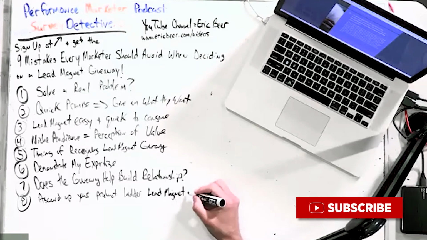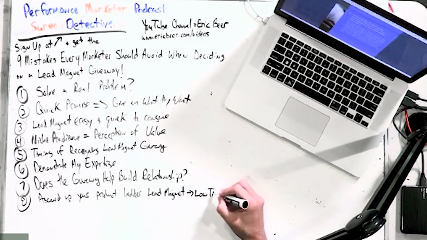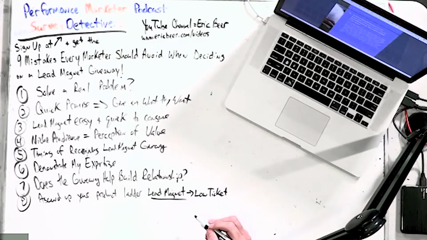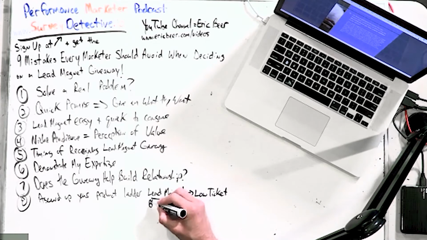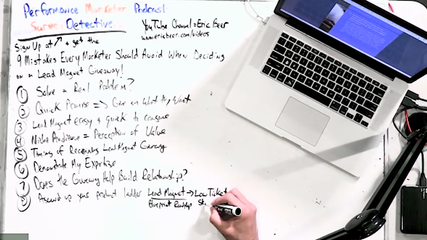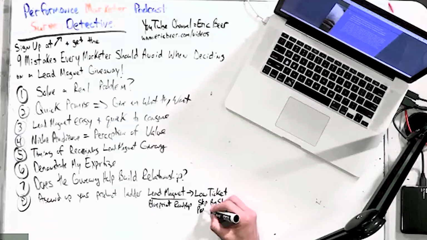Okay. Now you could go into selling something for a low ticket. Okay. So maybe you give them something here. Maybe you give them a blueprint infographic. So blueprint roadmap. And then on the low ticket, the step-by-step process, walking them through how to implement the blueprint.